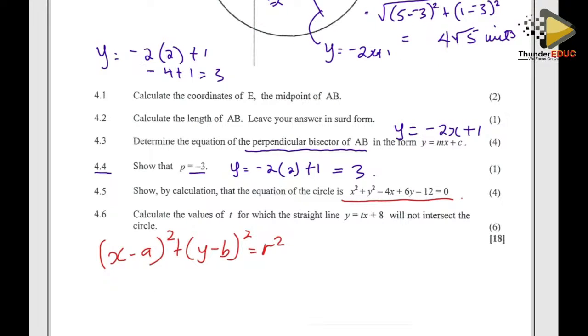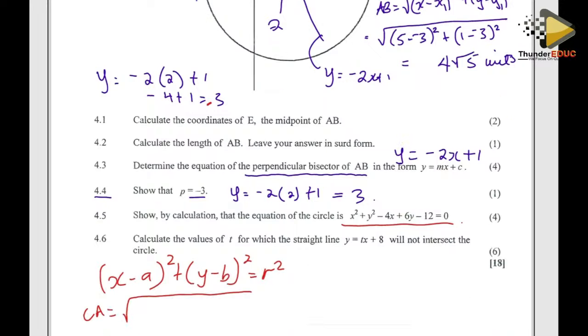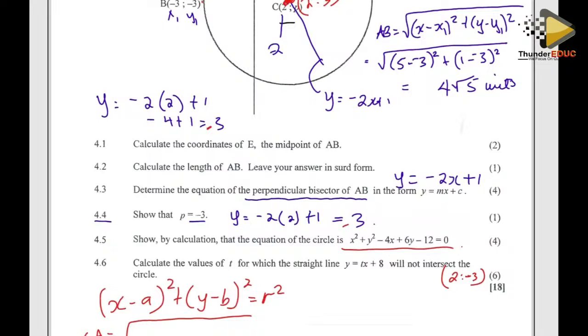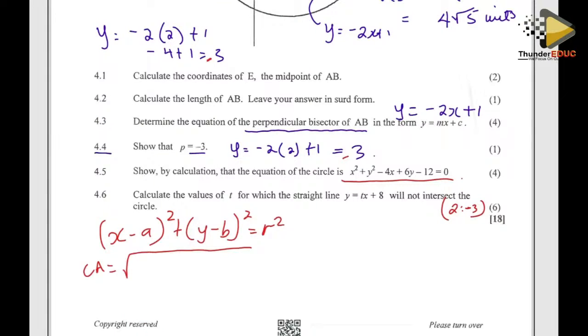So we say CA is going to be the square root. The coordinates there are 2 and 3, this is a negative, okay, 4 and -3. And then our A is 5 and 1.